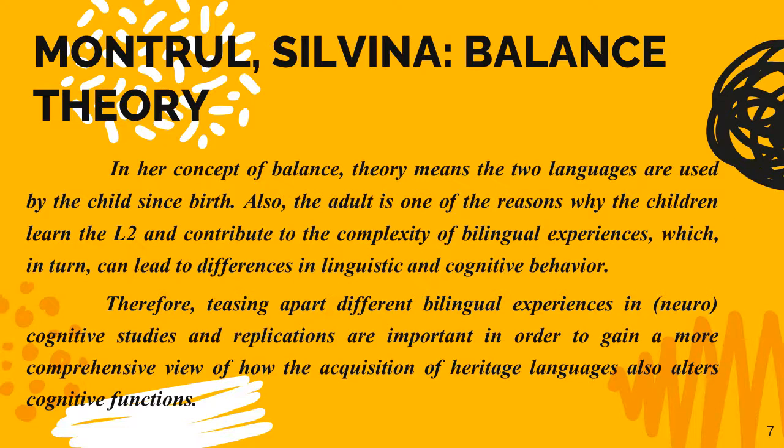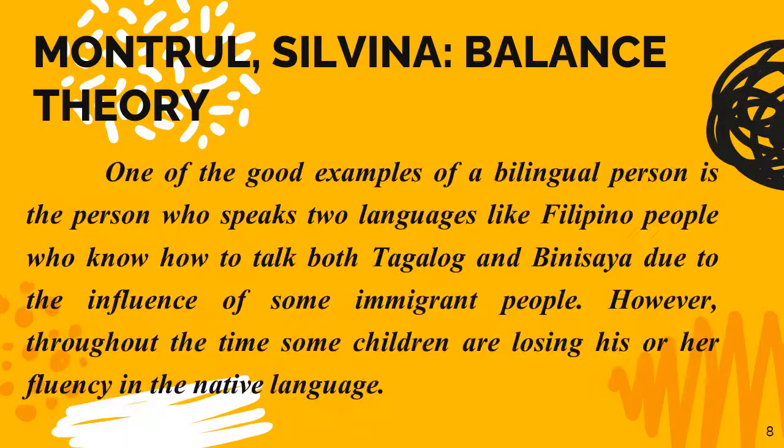Therefore, teasing apart different bilingual experiences in neurocognitive studies and replications are important in order to gain a more comprehensive view of how the acquisition of heritage languages also alters cognitive functions.